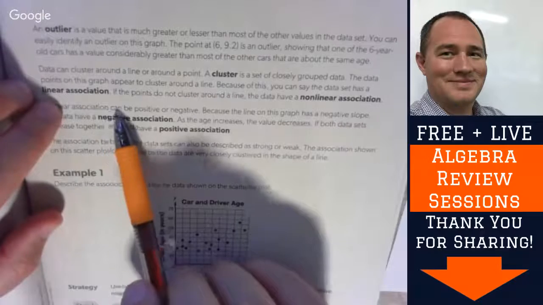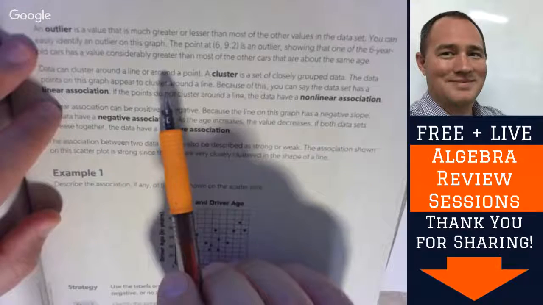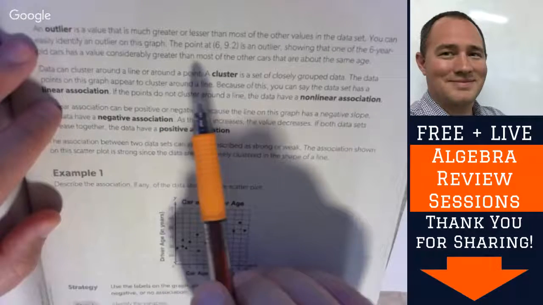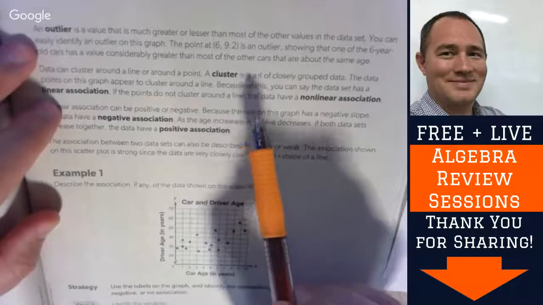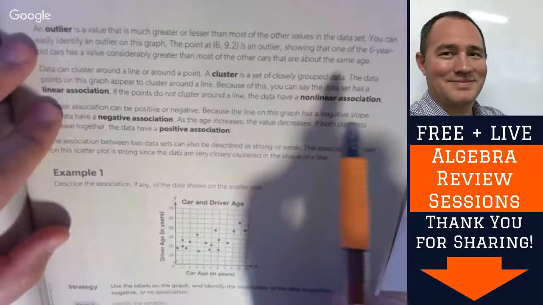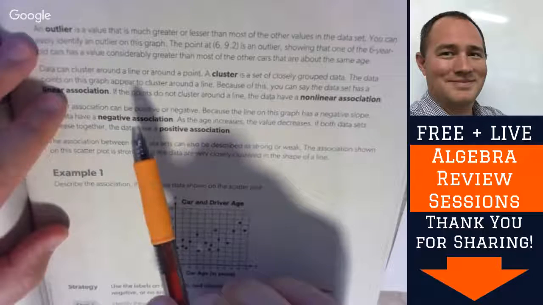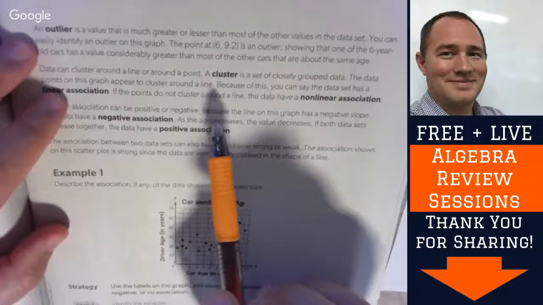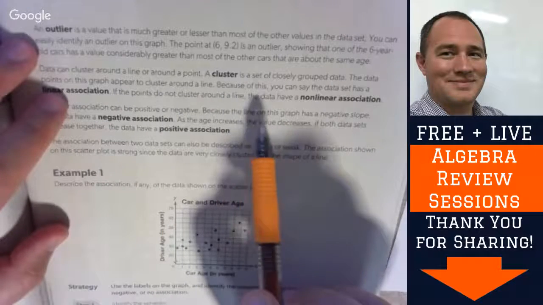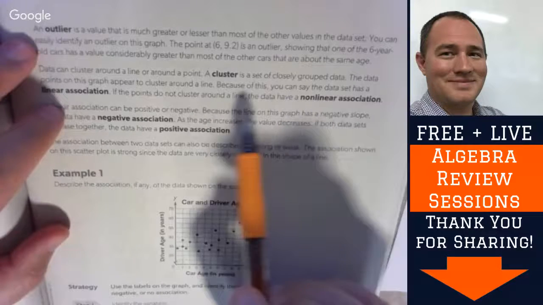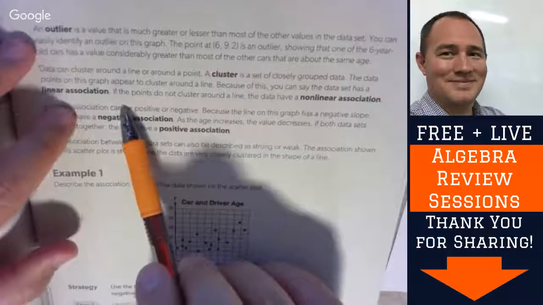So data can cluster around a line or around a point. A cluster is a set of closely grouped data. The data points on the graph appear to cluster around a line, and because of this, you can say that the data set has a linear association.